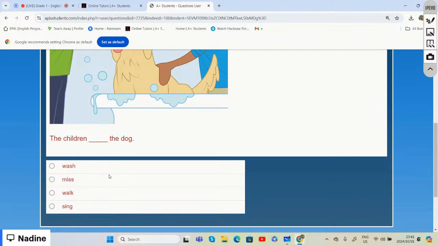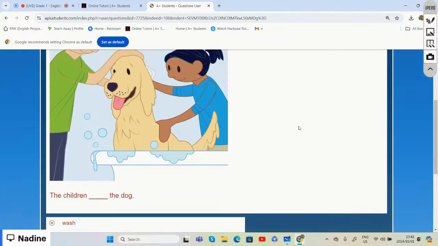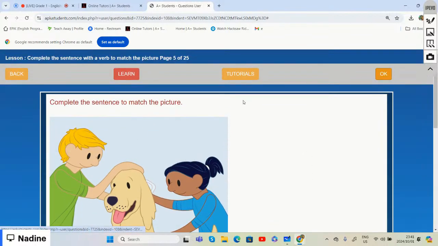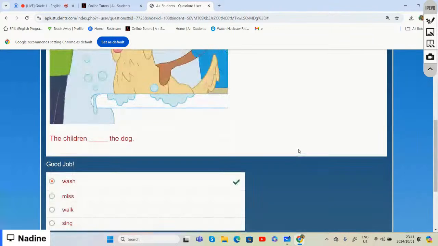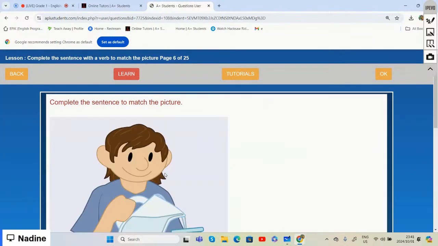And if we look at the action verb, we can say the children wash the dog, because that is the action that the kids are doing, and wash is correct.